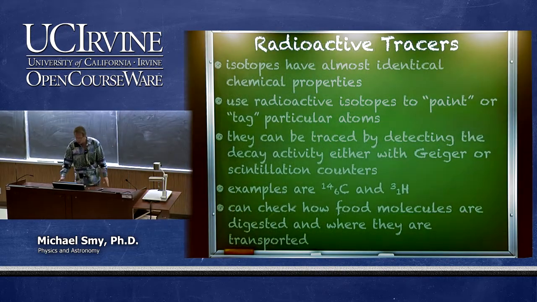Another medical benefit to radiation is one can use so-called radioactive tracers. That means you replace normal non-radioactive isotopes with radioactive ones. And if you do that in the right substances, then because the radioactivity acts like a paint or a tag of those kind of atoms, they can be then traced through the body using Geiger or scintillation counters.